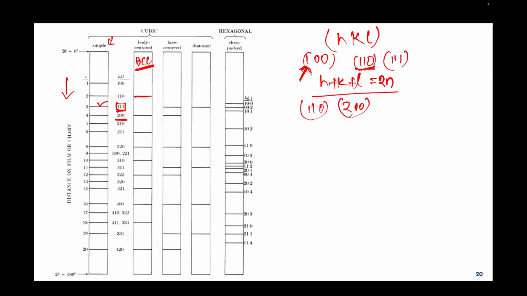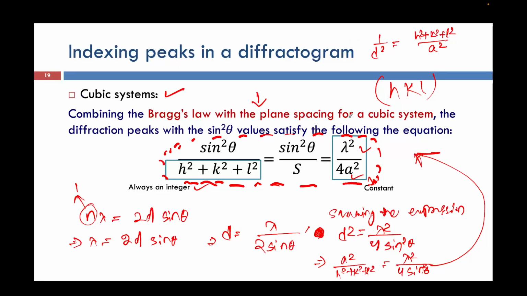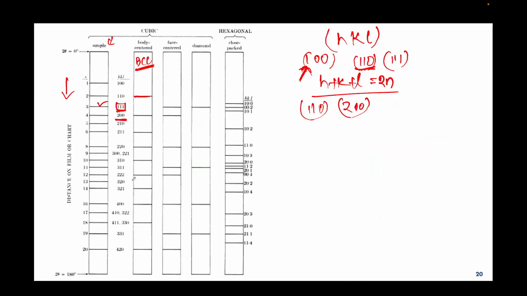There is also another thing that we see. Here I have told you that h square plus k square plus l square will be an integer. And looking at all this structure factor calculation, we generally have a rule for h square plus k square plus l square. For simple cubic, this value can take 1, 2, 3, 4, 5, all these values.